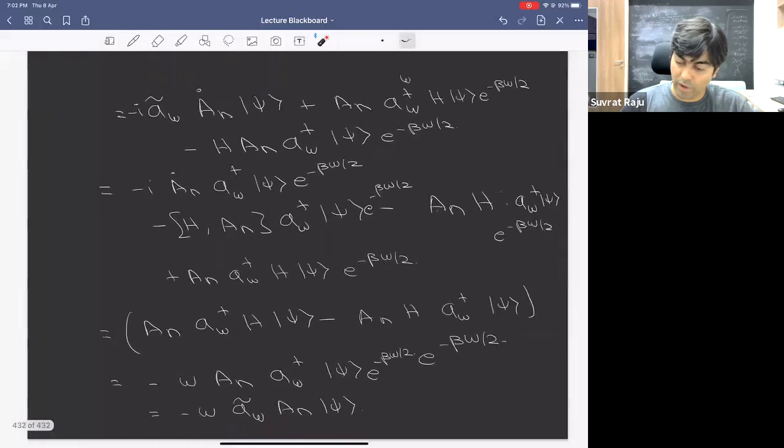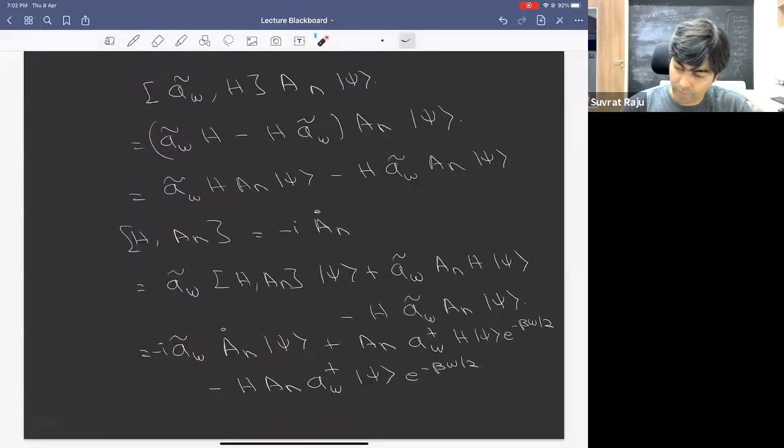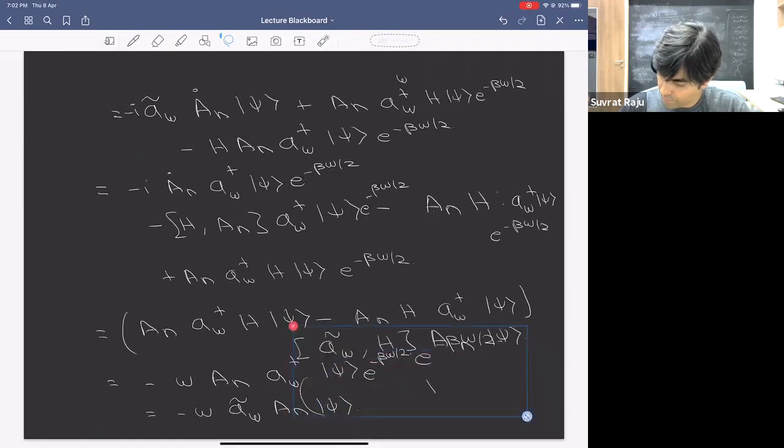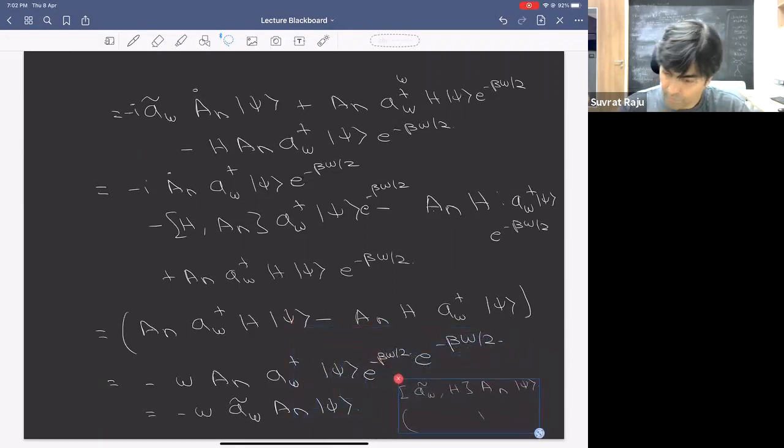Okay. Remember, where we started from was this expression. We did some algebra, and what we have found is that the commutator of a omega tilde with h is minus omega a omega tilde, which is the same as the statement that the commutator of h with a omega tilde is omega a omega tilde.